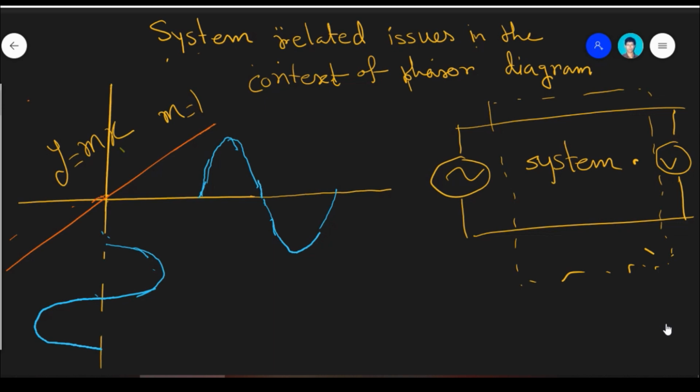If it is a system, then you have to think about what type of equation you can use to represent such a system. The representation of this system, which I have marked by this dashed line, is y is equal to x.